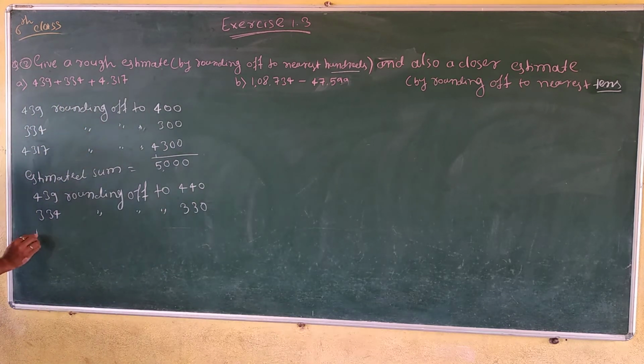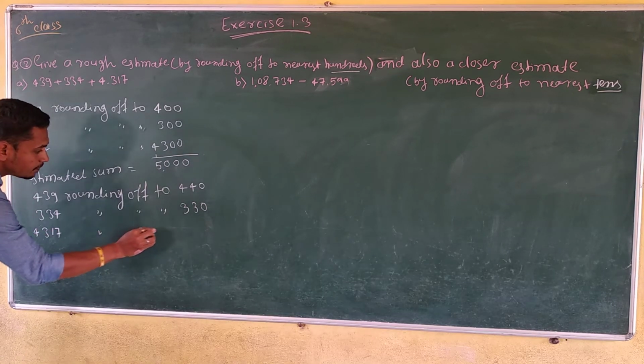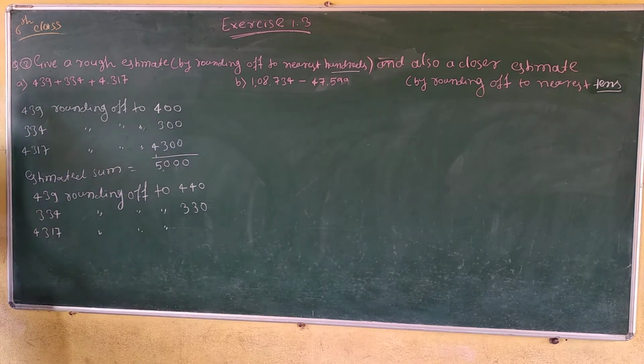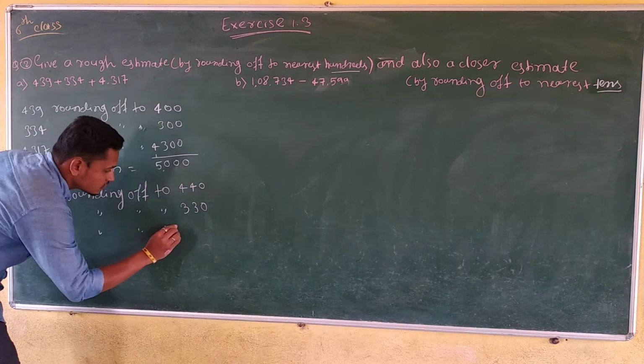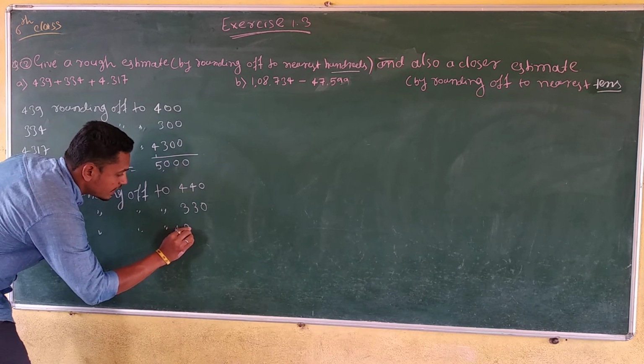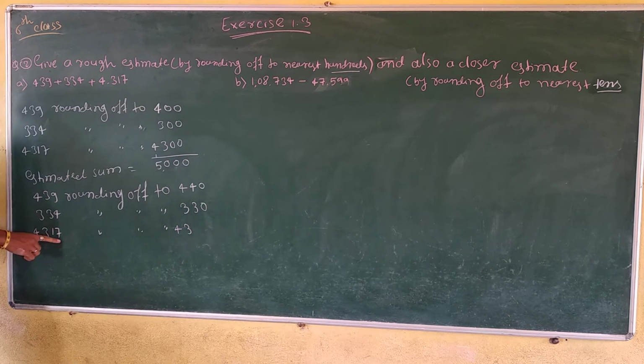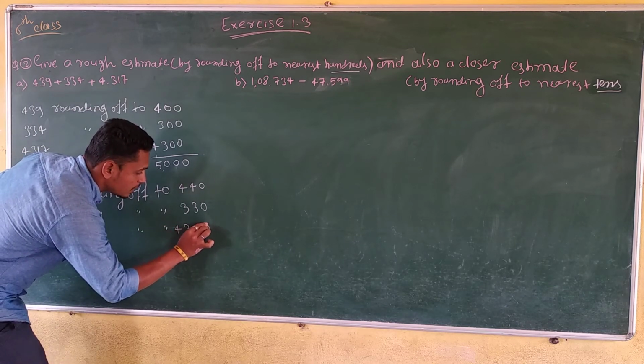Now see here, 4317 rounded. The 1000s place is written as it is and the 100s place is written as it is. Now we discuss only the 1s place. 7 is nearest to 0 or 10? Yes, 7 is nearest to 10. So the 10s place value, next to 1, after 1 you write 2. So the 1s place value becomes 0 here.